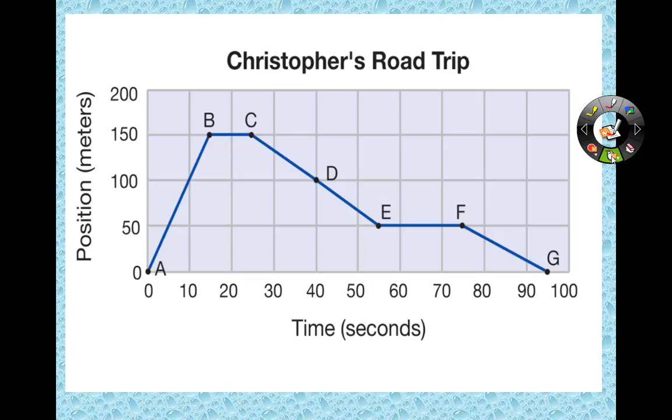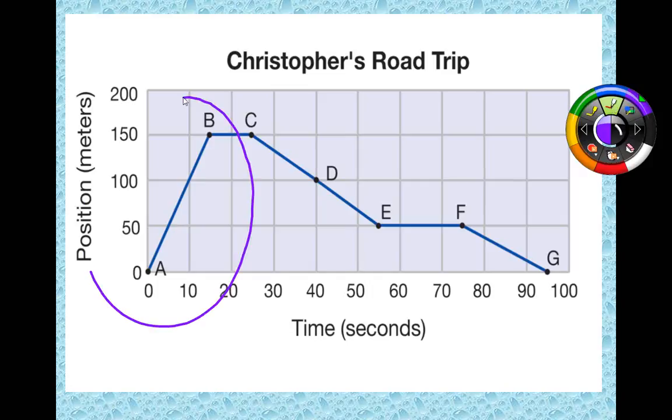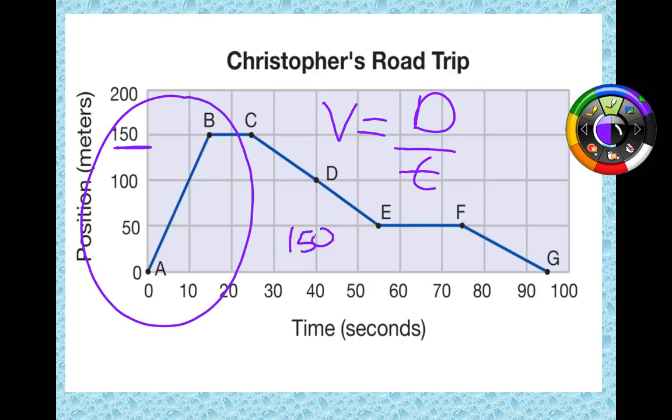Let us move on. What is the speed of the car between points A and B? Speed. This is an interesting question. Here is the part of the graph we're looking at. Speed, or velocity, is equal to distance divided by time. In our first problem, we noticed that Christopher traveled 150 meters, which was a distance, and it took him 15 seconds, which was a time.